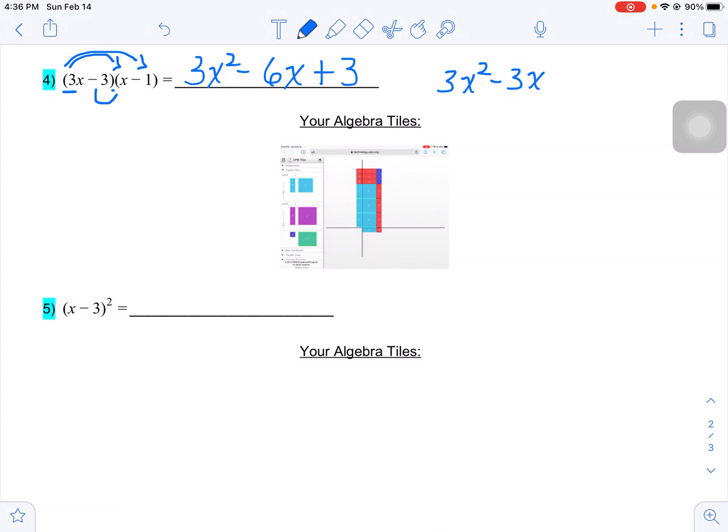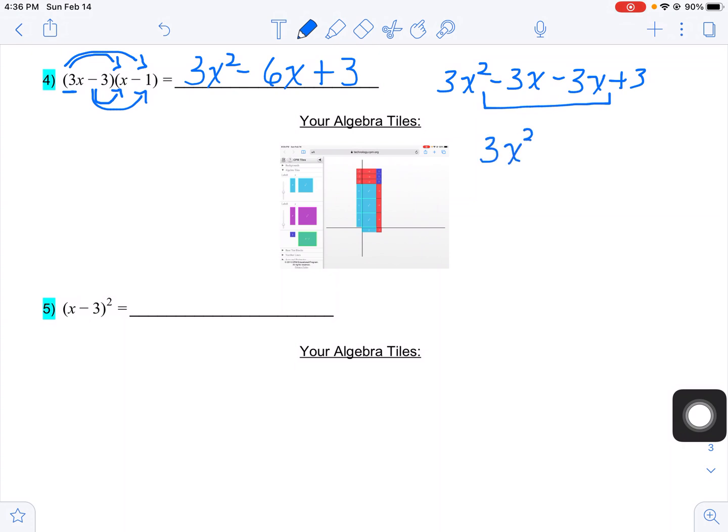And I take negative 3 times x, which is negative 3x, and negative 3 times negative 1, which is positive 3. So again, I have 2 like terms that I can combine. The 3x squared stays the same, but negative 3x and negative 3x will give me a negative 6x, and then I have a positive 3. So looks like that's done okay.